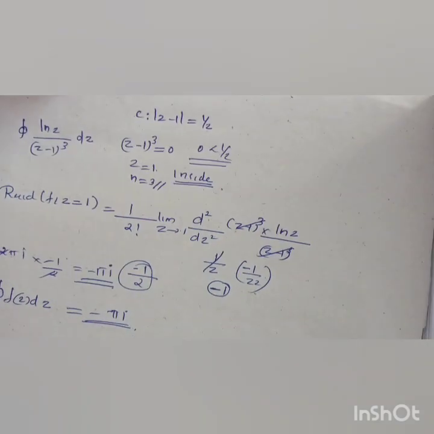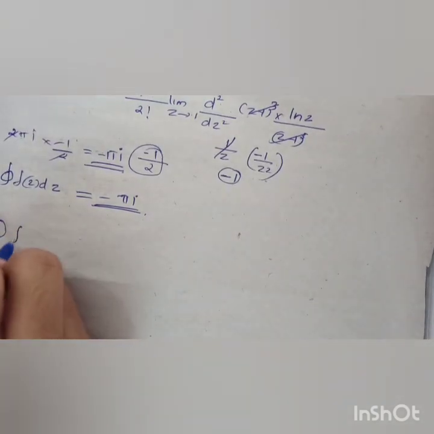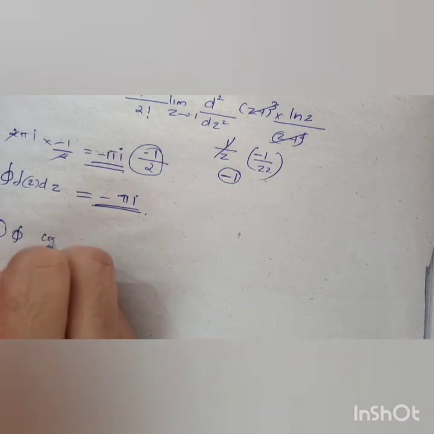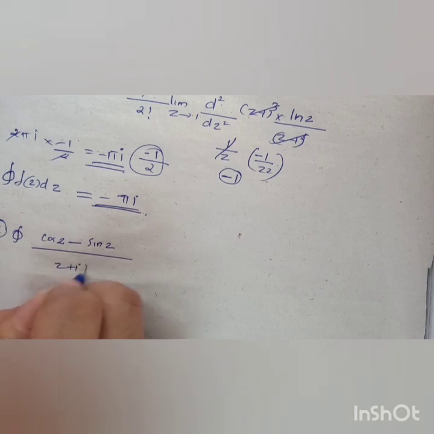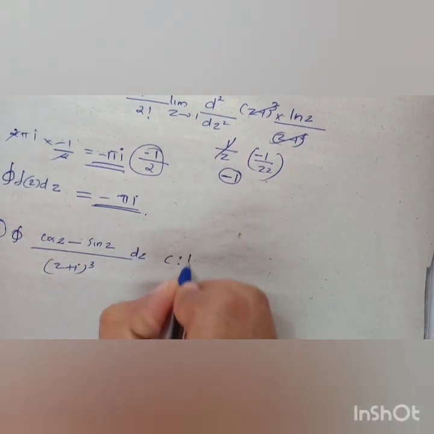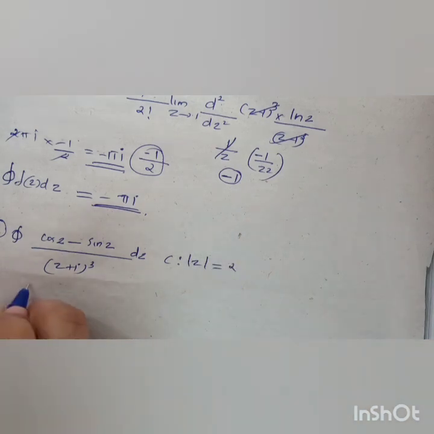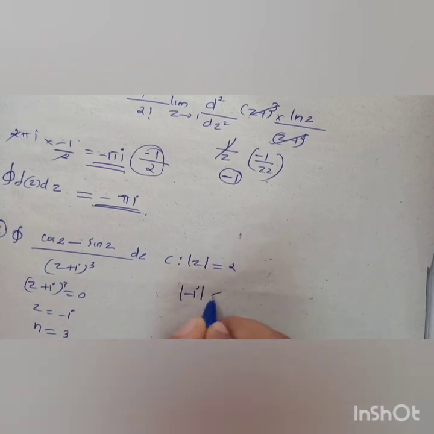Okay, so for the next problem you have to do it like this. The contour integration of (cos z minus sin z) divided by (z plus I) whole cube dz, C such that mod z is equal to 2. So (z plus I) whole cube equal to 0 gives z equal to minus I, n equal to 3. If you substitute minus I, its modulus is less than 2, so it is an inside point.